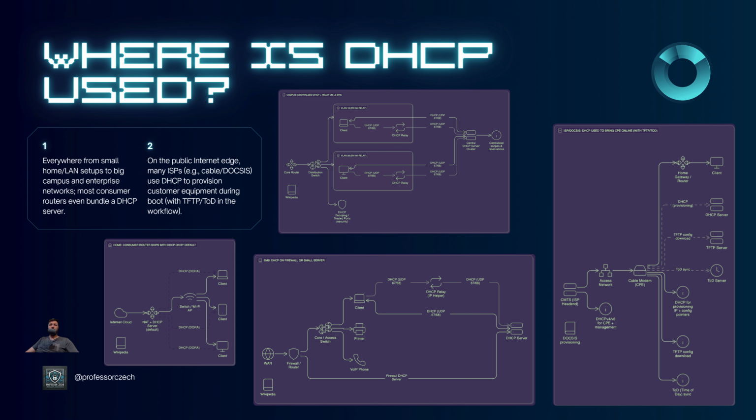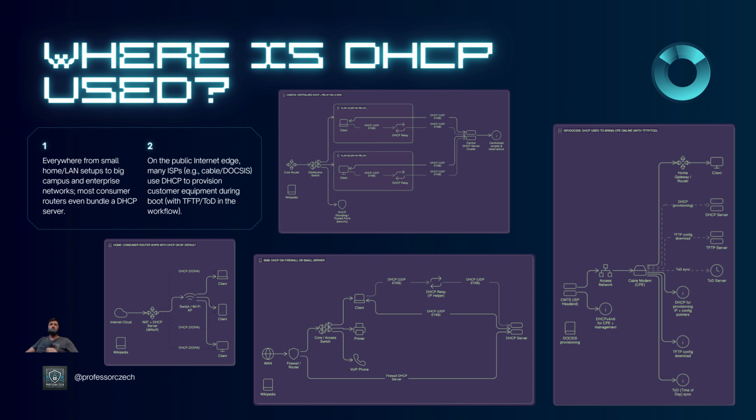It sets a private address, think of 192.168.x.x, the subnet lines you shouldn't cross, a gateway to reach the outside world, and DNS, so cbc.ca isn't just numbers. It's the plug and play you take for granted while you binge watch The Last of Us.